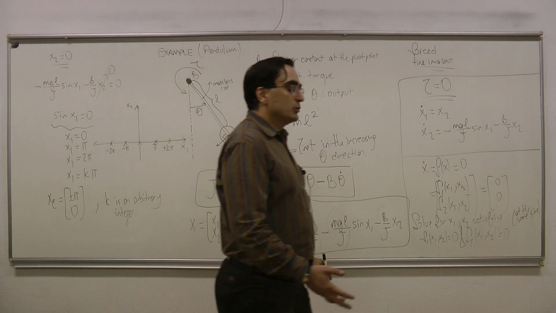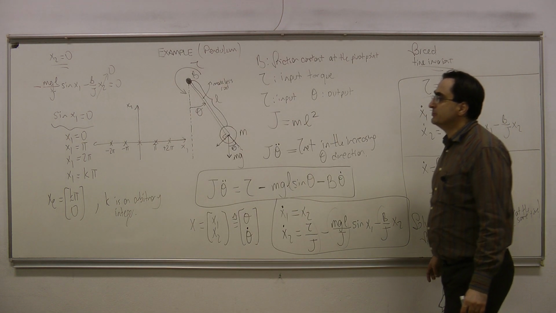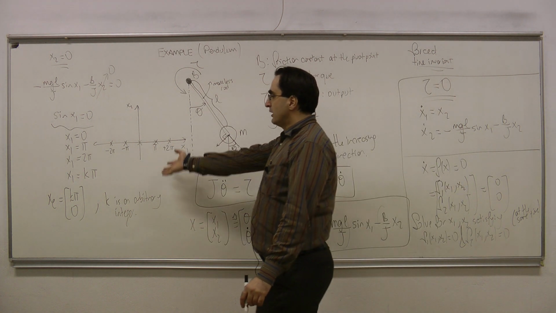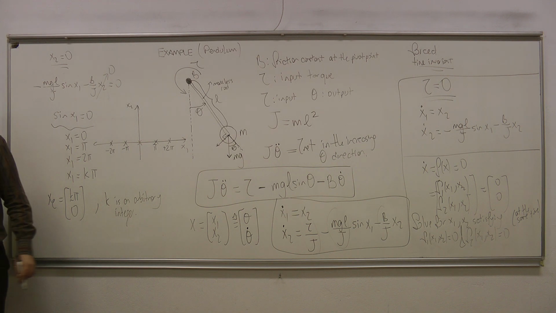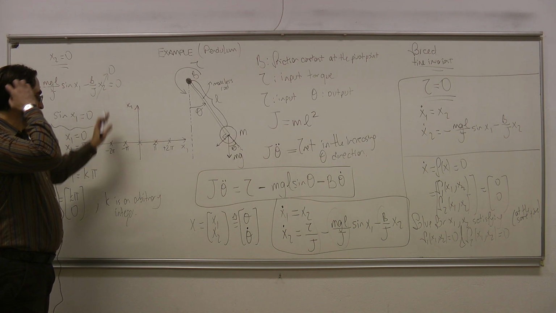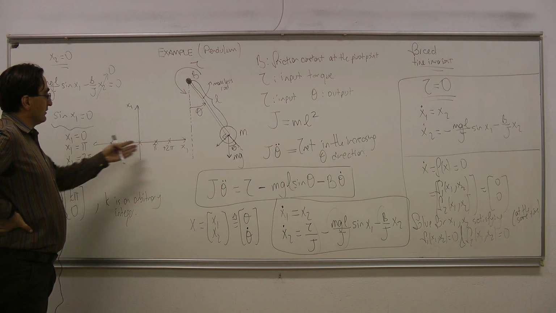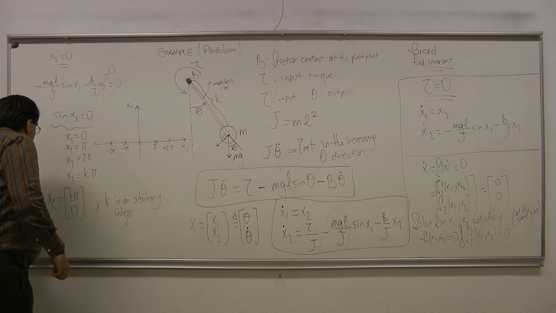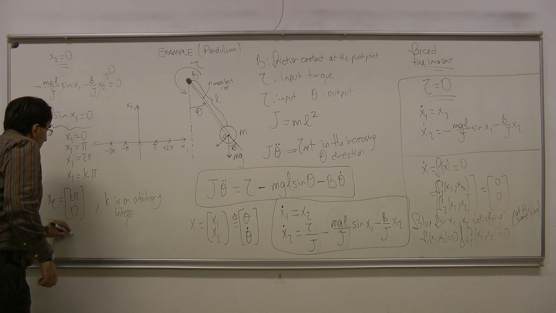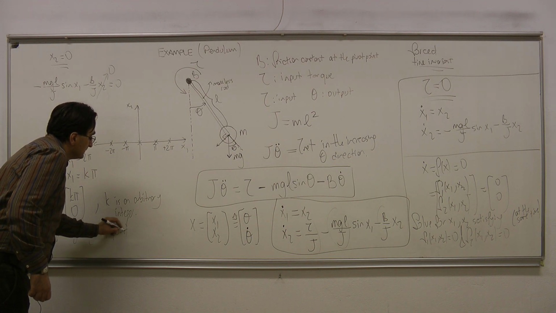So how many equilibrium points does the pendulum system have, do you think? Obviously, when I look at this state space, I see that there are infinitely many equilibrium points. So I can write infinitely many equilibrium points.